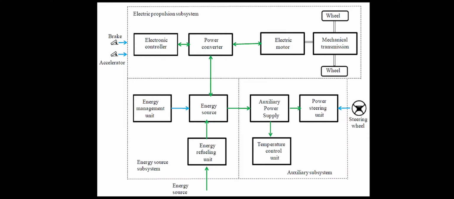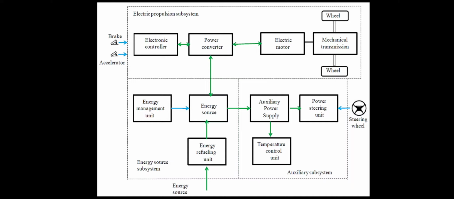The energy management unit cooperates with the electronic controller to control regenerative braking and its energy recovery. It also works with the energy refueling unit to control refueling and to monitor the usability of the energy source.